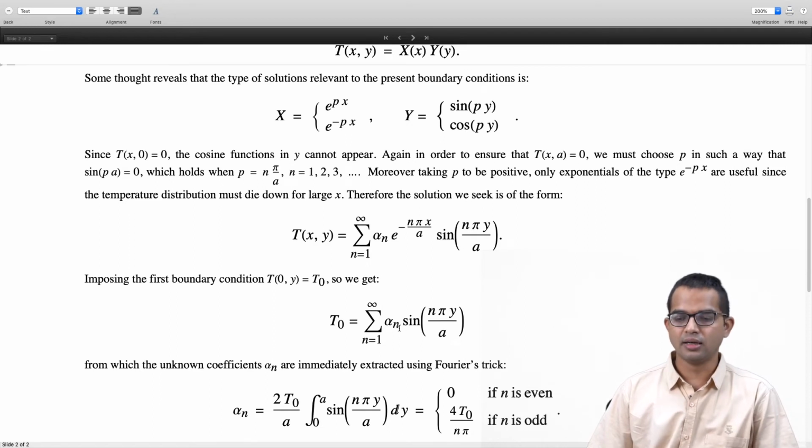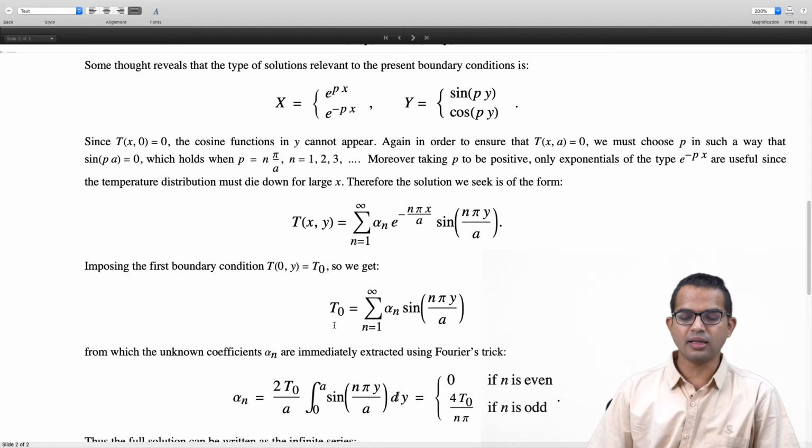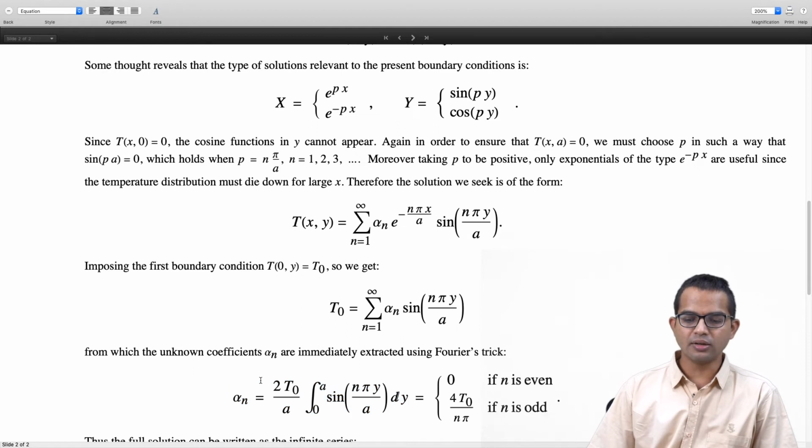This is the standard technique. So you can check this and convince yourself that indeed this will extract for you alpha n, right? All the other sines corresponding to other terms will go away when you do this integral. Only one of them will survive, and the factors are appropriately put in.